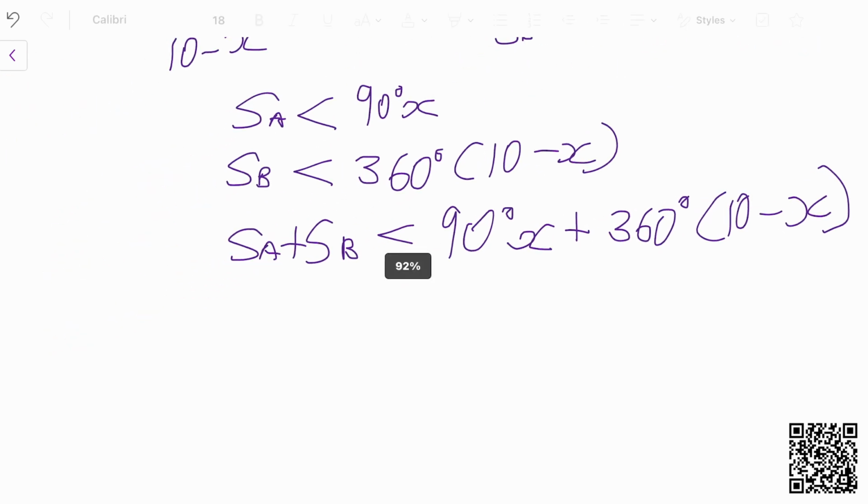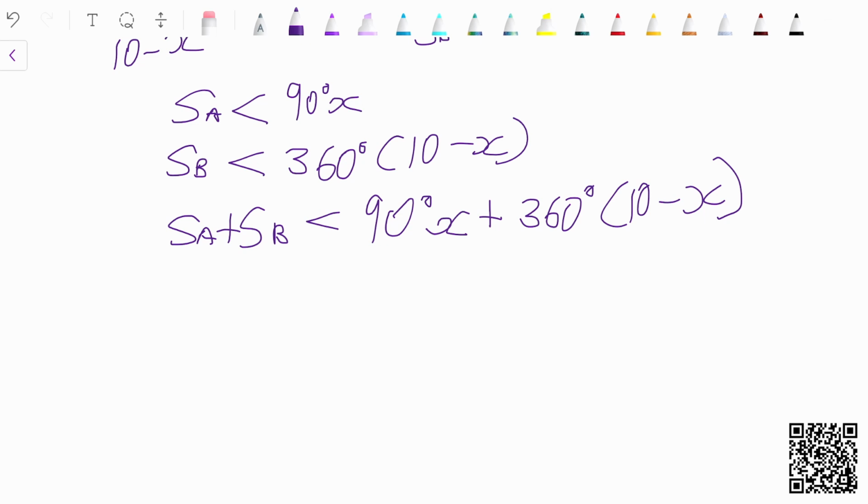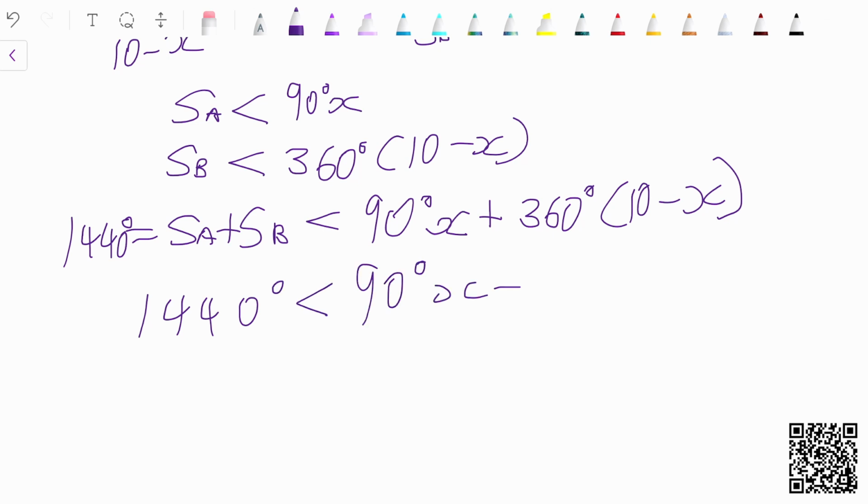So SA plus SB is equivalent to 1440. So if we plug in 1440 in the place of SA plus SB, we have our numbers, we have an inequality, and we can start solving with it.